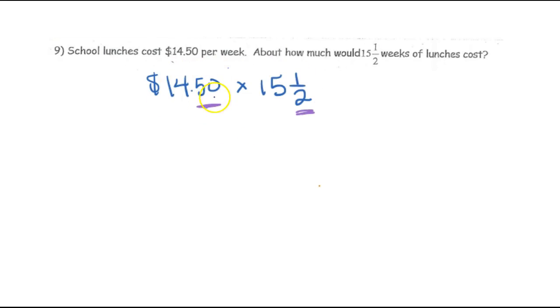So because they both have 1/2, what I'm going to do in this problem is round 1 up and 1 down, hoping that they're going to even each other out a bit, and my estimation is going to be closer. 14.50, I'm going to round that up to 15, and I'm going to round 15.5 down to 15. 15 times 15 means our approximate answer for the cost in school lunches is going to be $225.